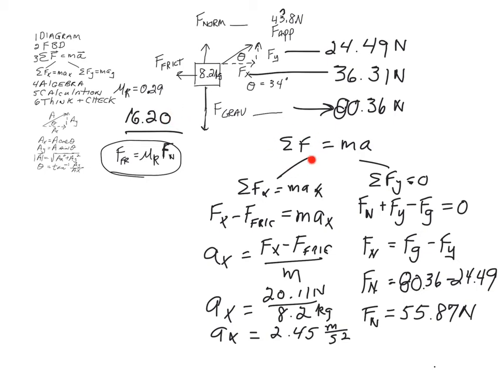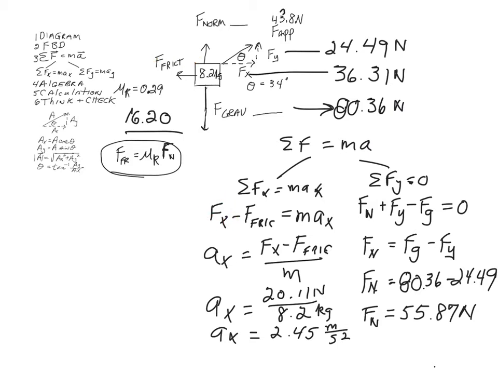And so then I came over here, and I'm going to sum up the forces in the x direction and set them equal to the mass times the acceleration in the x direction. The net force in the x direction will equal the mass times its acceleration. So in the positive direction, we have Fx, the x component of the applied force.